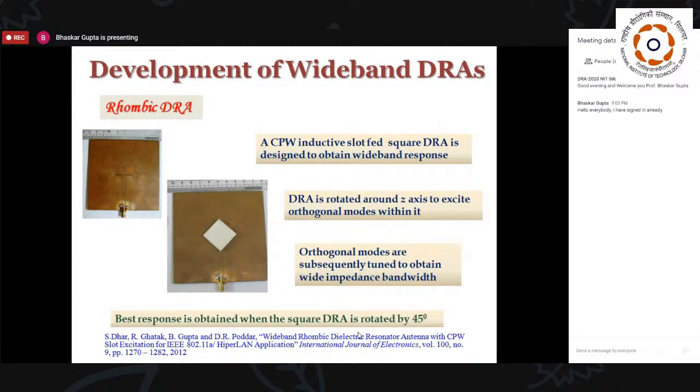This structure, as I explained, is fed by an inductive slot. Depending on the length of the slot, we can manage it to behave as inductive or capacitive or resonant. These are inductive slots. And DRA usually rectangular is a very commonly used shape.